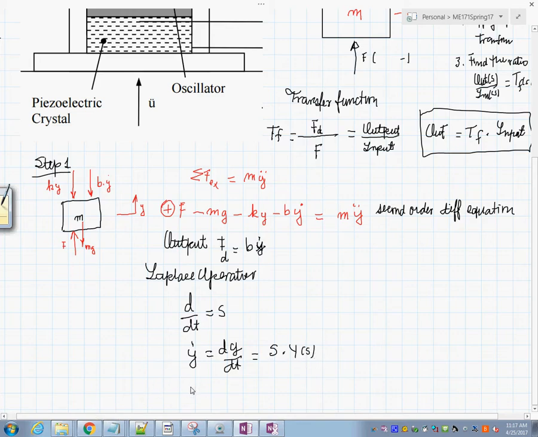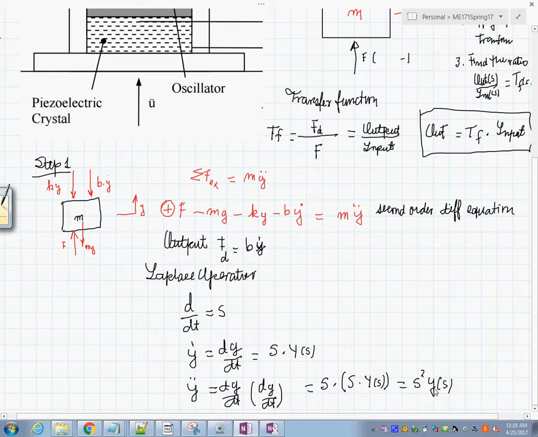And if you have y double dot, this is d/dt of this, right? So this is going to be the operator s times what I have written before, Y of s. So this is s squared times Y of s. Yeah?